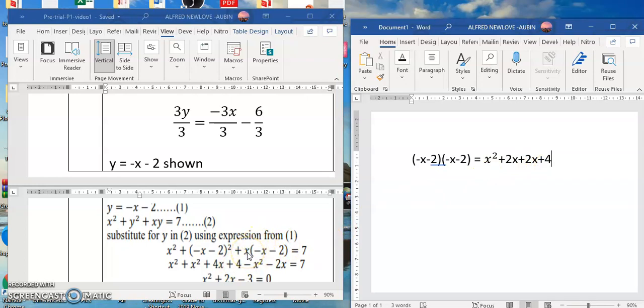How do we expand this? Minus x times minus x is going to give us minus x squared. Then x times minus 2 is going to give us minus 2x, equals 7.